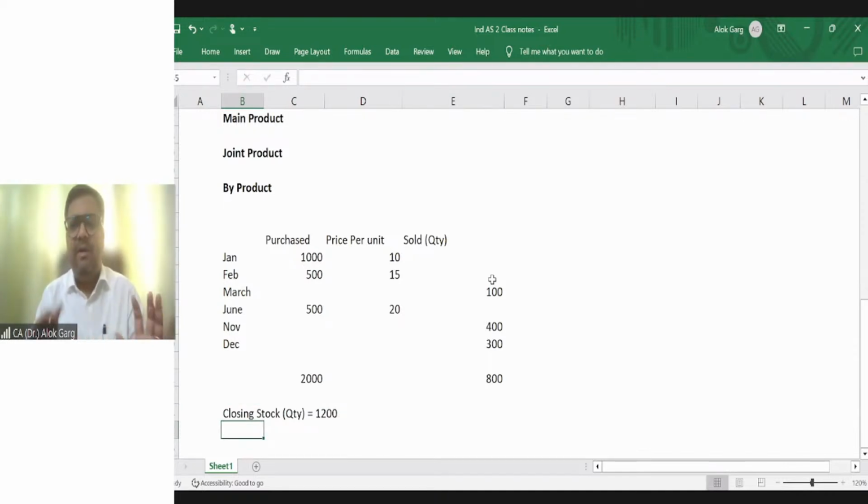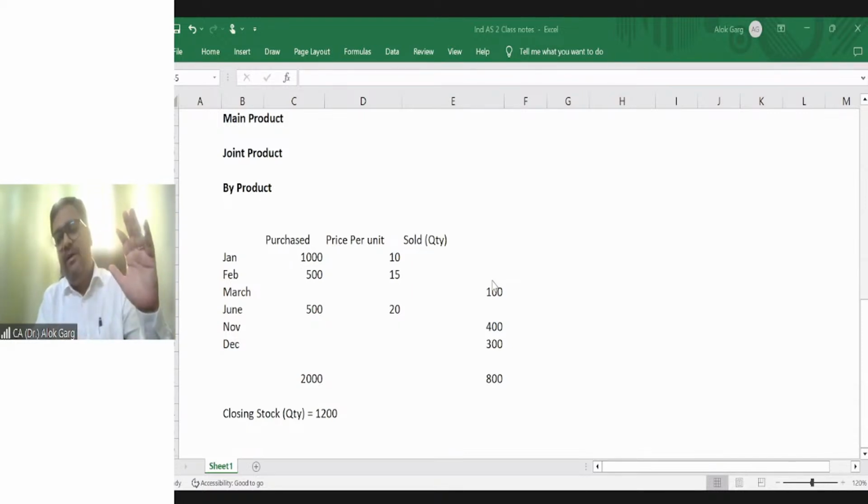There is no specific identification here. These are interchangeable products. So you need to apply either weighted average or FIFO. First in, first out means we assume that whatever we have sold is from the first purchases.